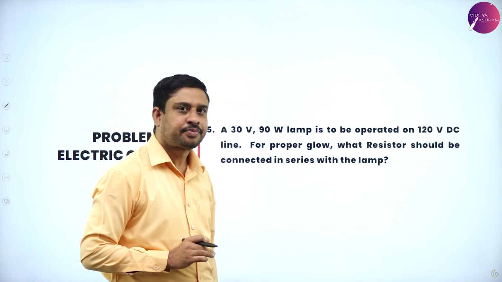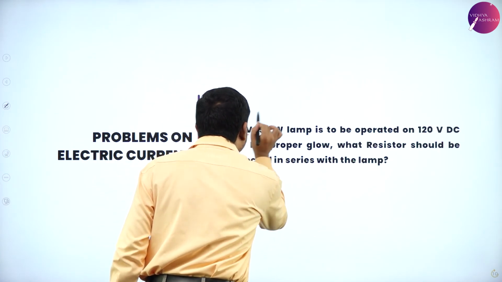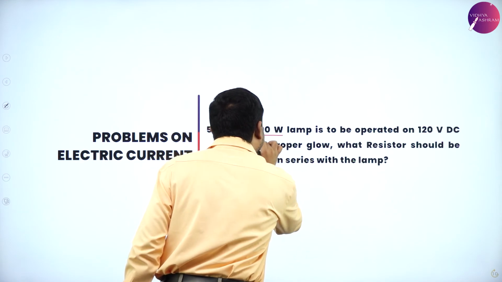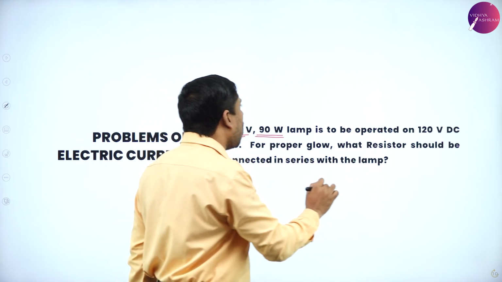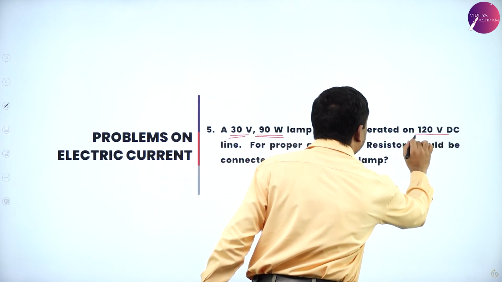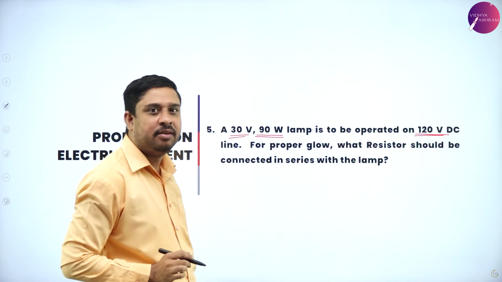Next one. A 30 volt, 90 watt lamp is operated on 120 volt DC line.